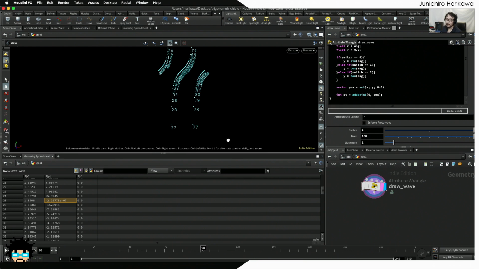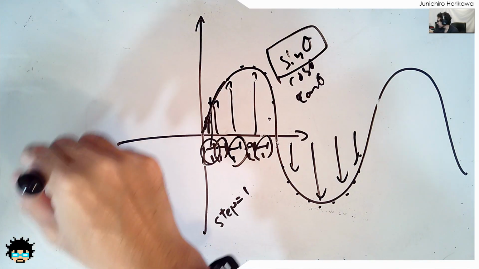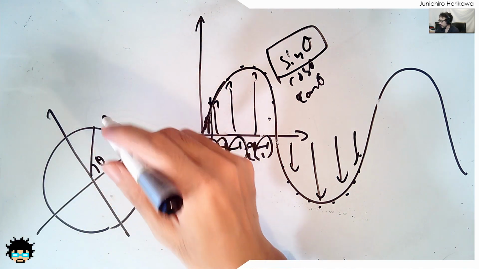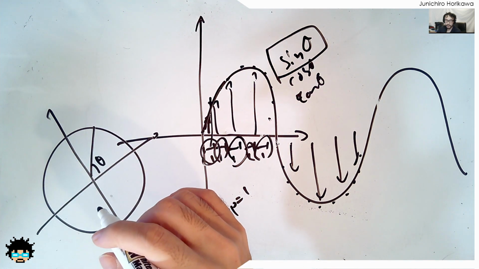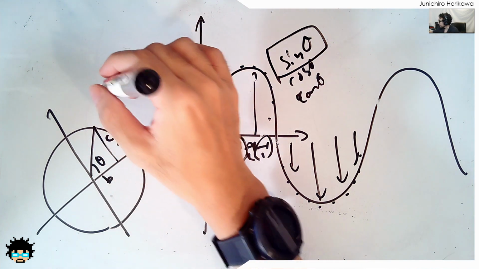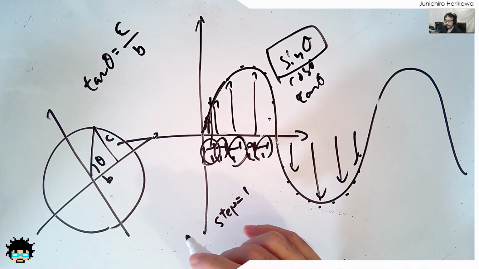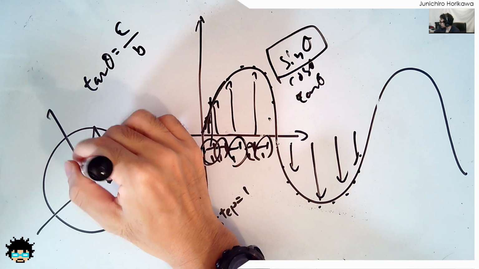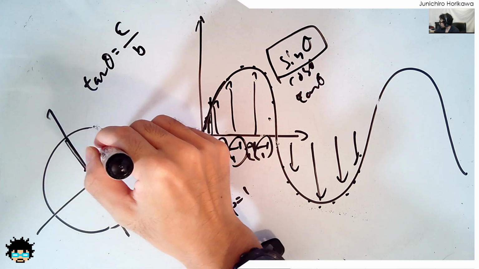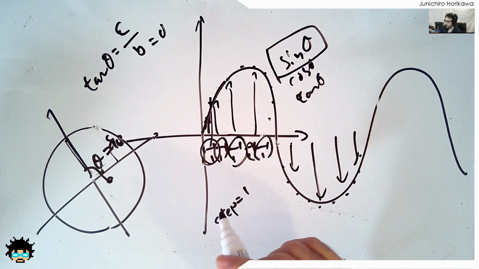And if you think about it in the equations, it's easy to understand why it happens. If you have a circle and say this is the theta, and say this is B and this is C, the tangent of theta was C divided by B. And when the theta is close to 90 degrees, then B becomes close to 0, right?